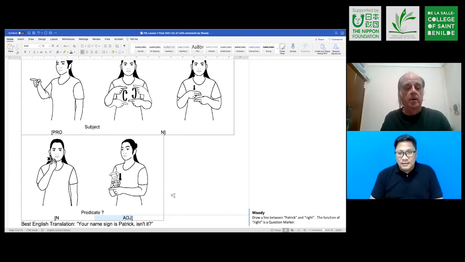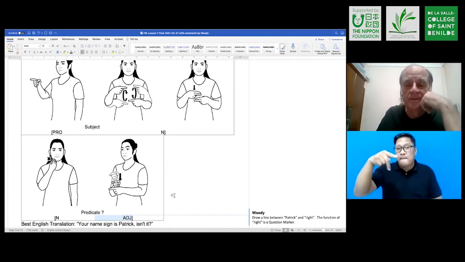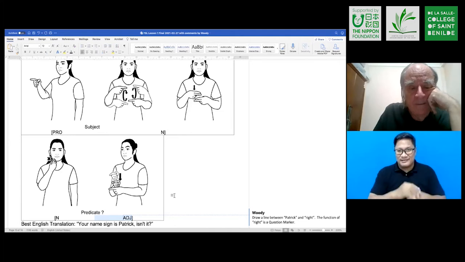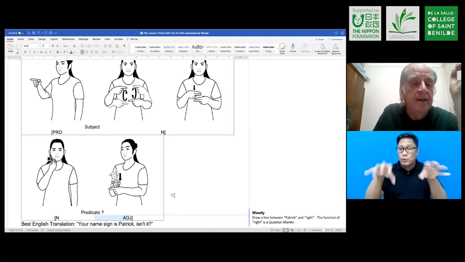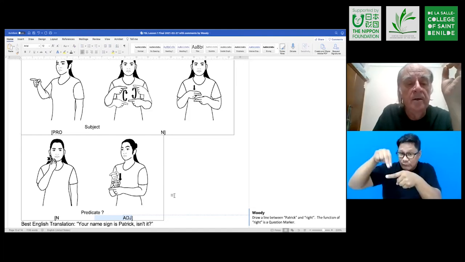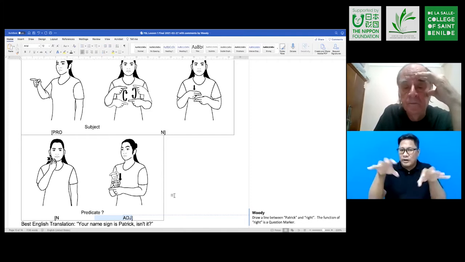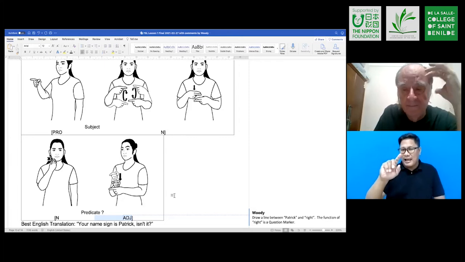Do I need to add a line as well between the two signs? No, yes, sorry. You need to add a line in between the sign for Patrick and the sign for correct. The sign for Patrick functions as a predicate noun, and the sign for correct functions as a question marker. So you just need to put the question mark and then adjective underneath, like you have it.